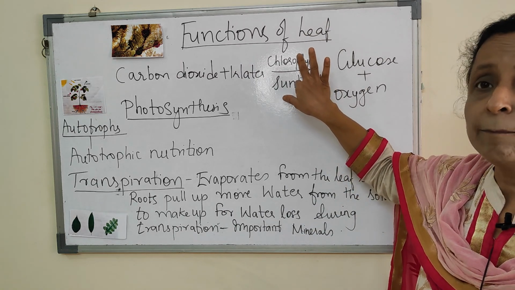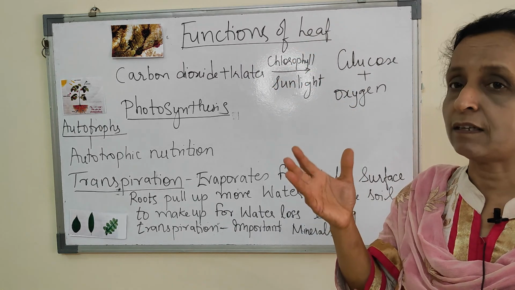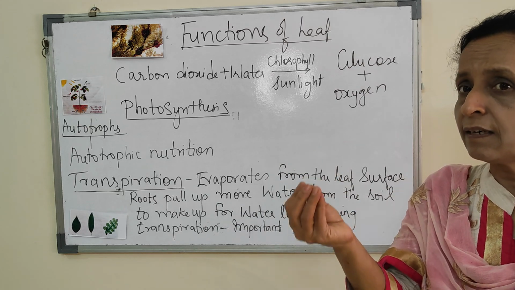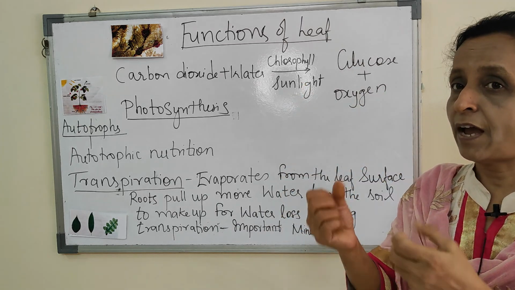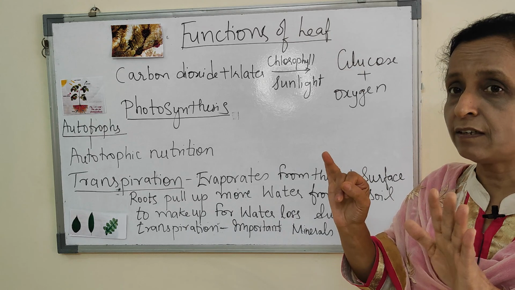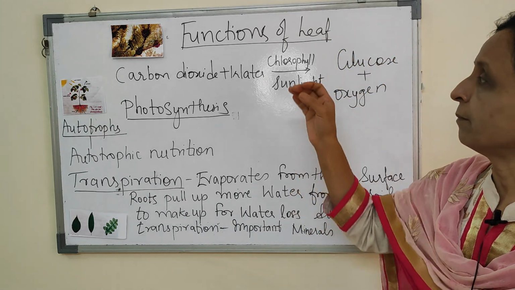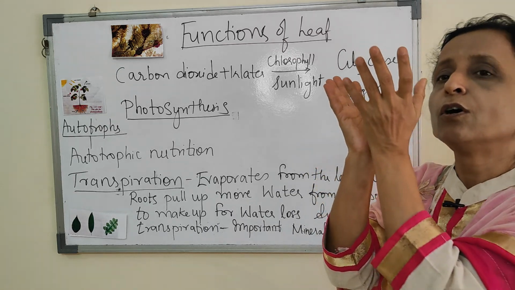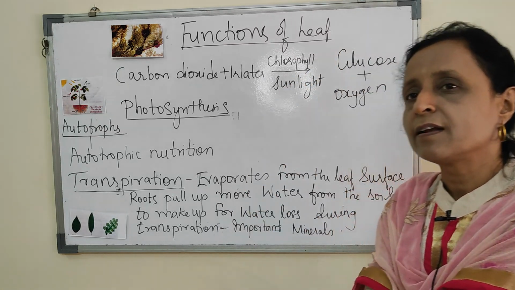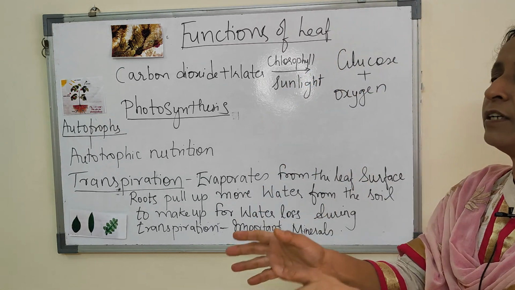Who will trap? Chlorophyll, the green coloring substance. As you know, sunlight has 7 colors. Chlorophyll is green in color. It will trap red. There are many coloring substances. So chlorophyll will trap sunlight and give energy.